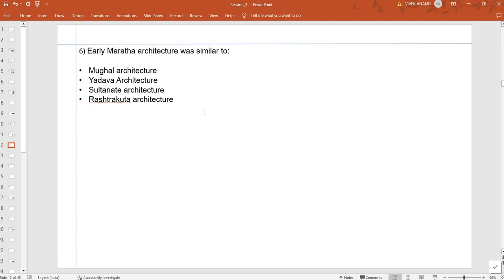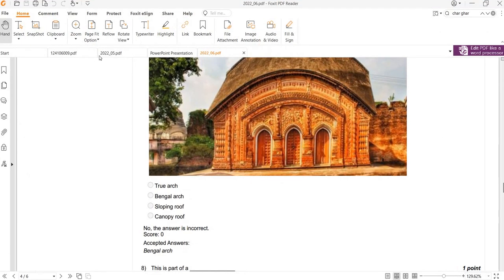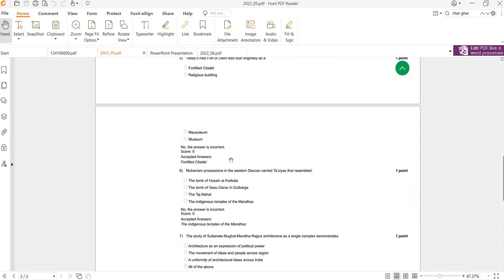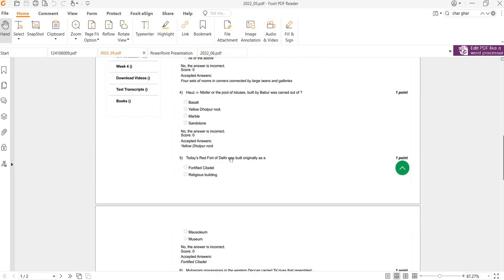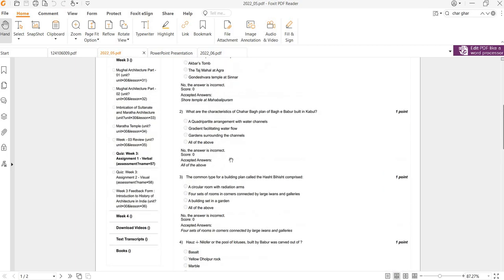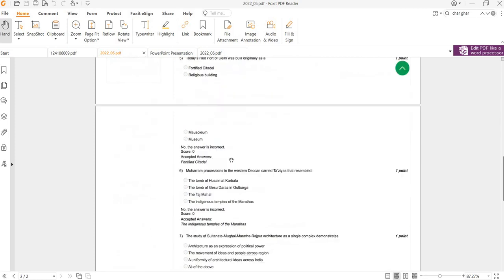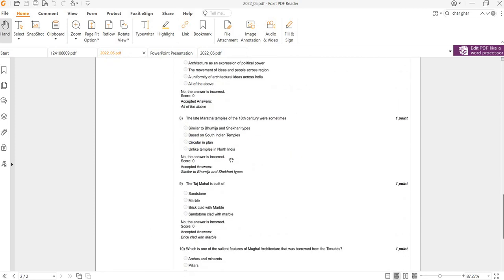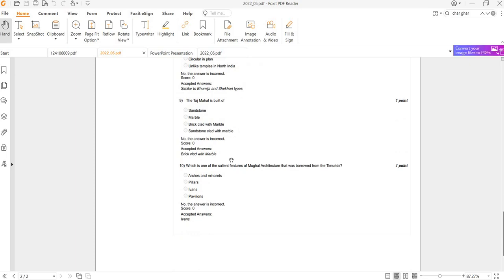And the Yadavas had Bhumija style. Are you sure? I'm only partly sure, sir. Can anyone else who has a different thinking on this question answer?